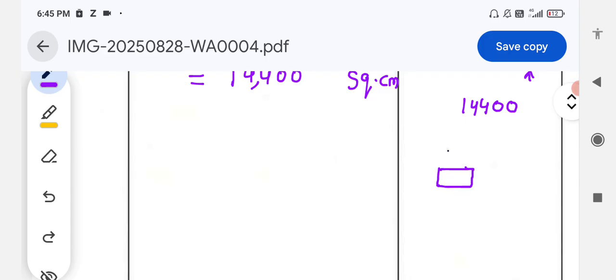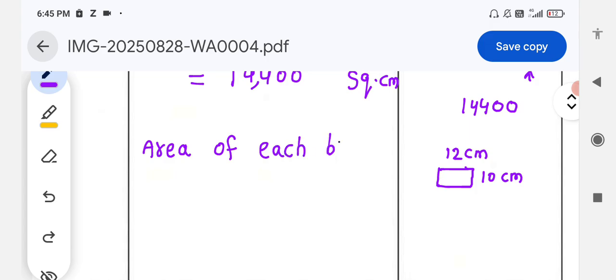The length is 12 centimeters and breadth is 10 centimeters. Let us find the area of a single brick. Area of each brick.